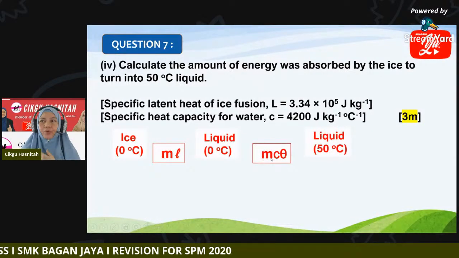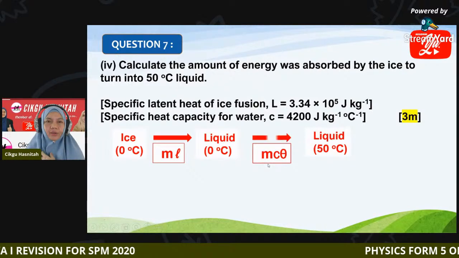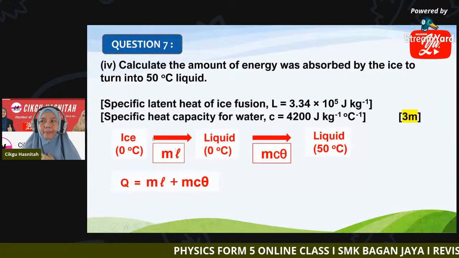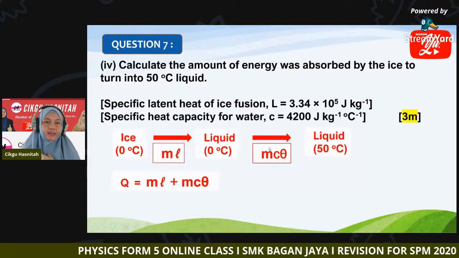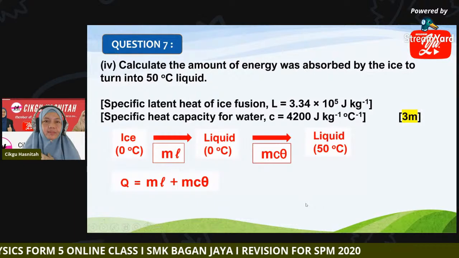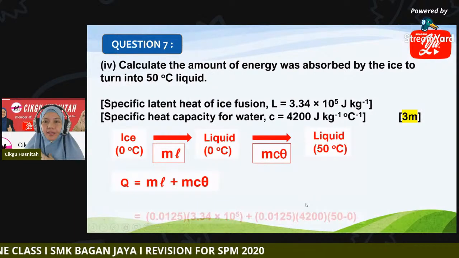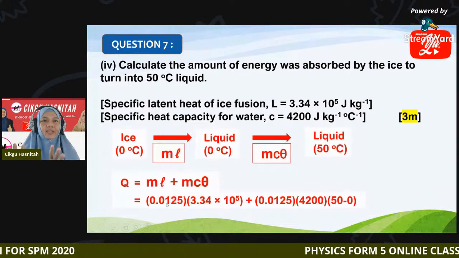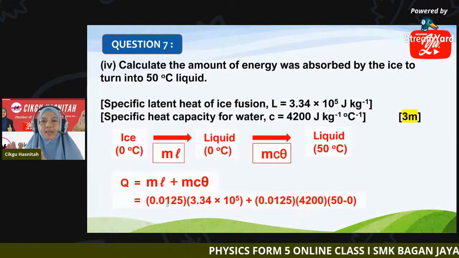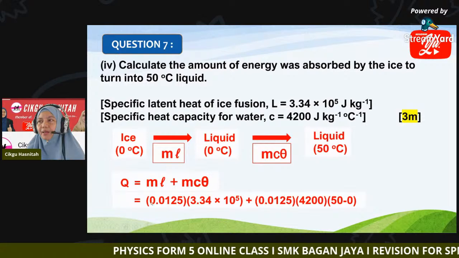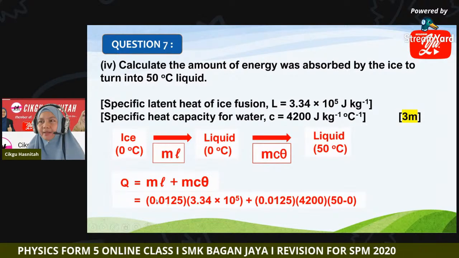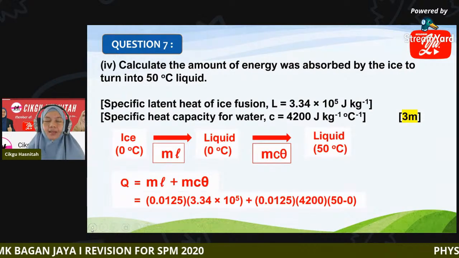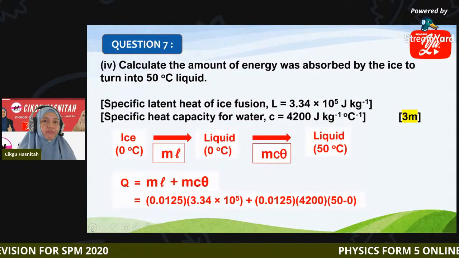So how to find Q? Q is ML plus MC theta. Okay, so we do the substitution. This is the mass. Remember class, mass must be in kilogram. You know where this mass comes from, right? It was given in the table, 12.5 gram.